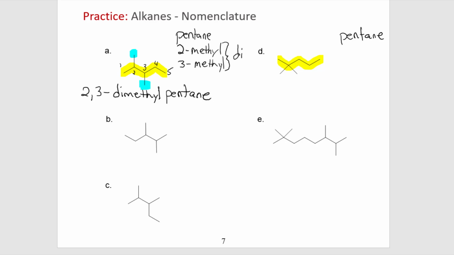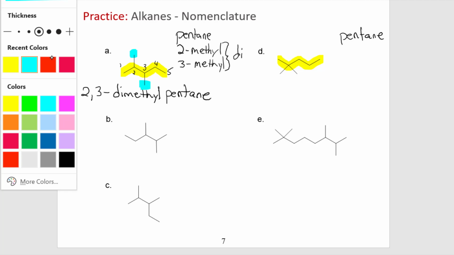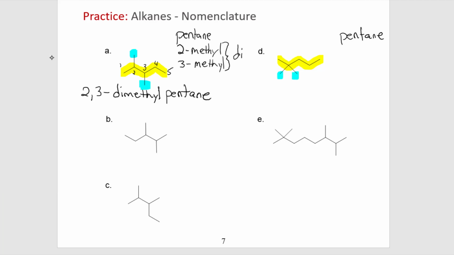Do I start numbering left or right to hit those substituents? There's 2 substituents. This is a good example because a lot of students think that when I number 1, 2, 3, 4, 5, they'll write 2-ethyl.